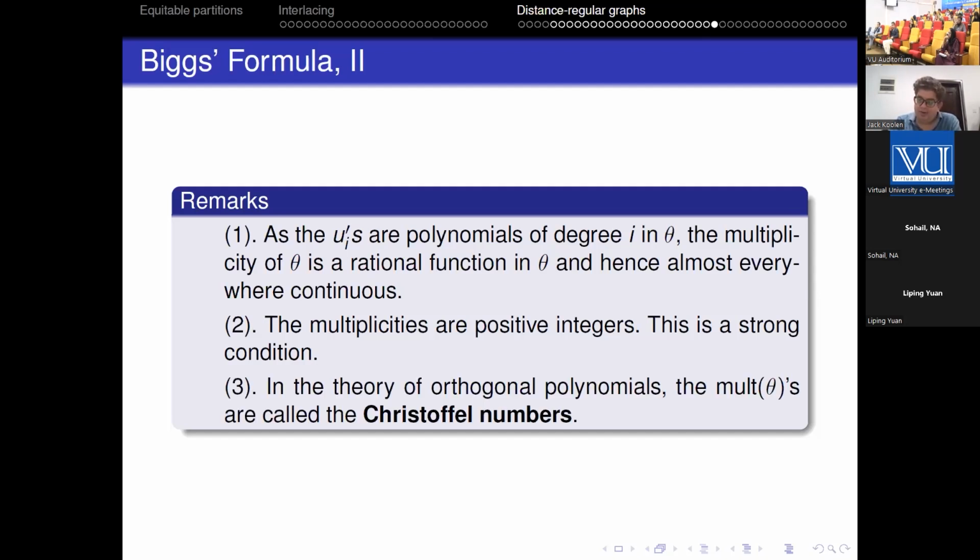And tridiagonal matrices are somehow one-to-one corresponding to the orthogonal polynomials. So the theory of orthogonal polynomials is exactly the same as the theory for tridiagonal matrices with positive subdiagonals.